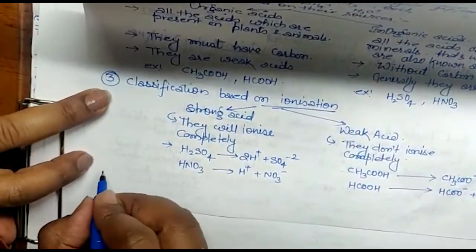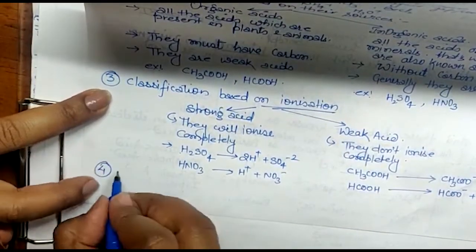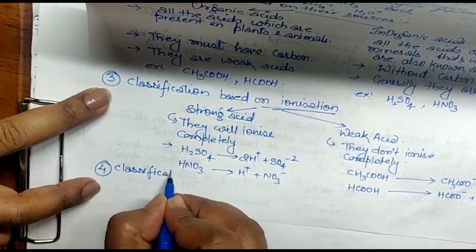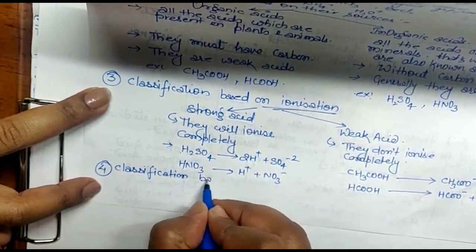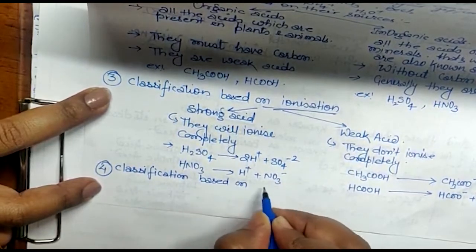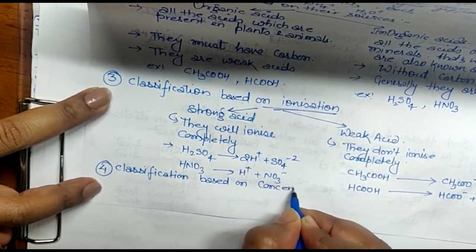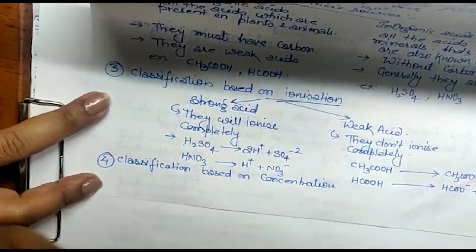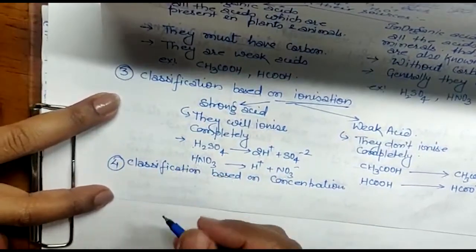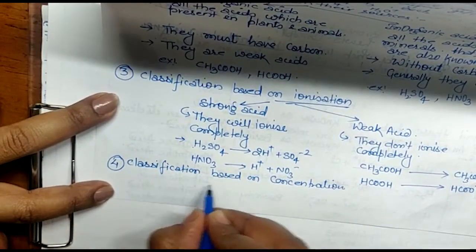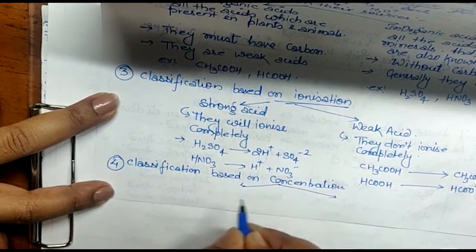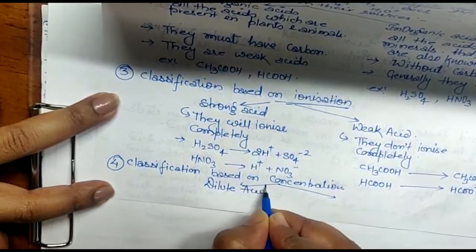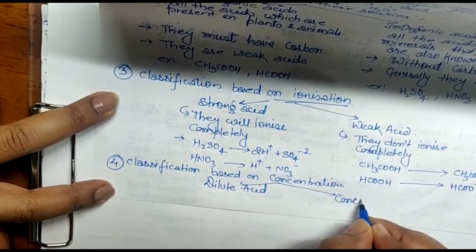Now the fourth method is classification based on concentration. That is again of two types: one is dilute and another is concentrated. Let me write it this way: one is called dilute acid and another is called concentrated acid.